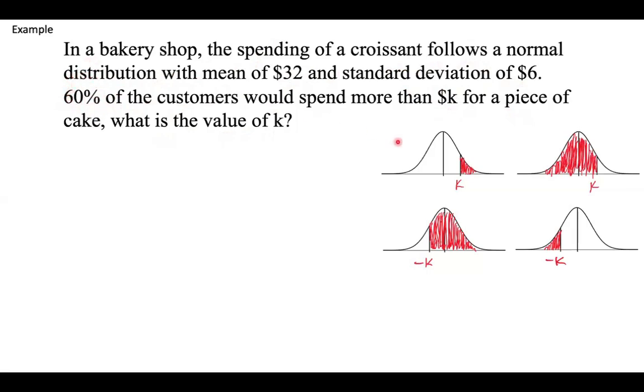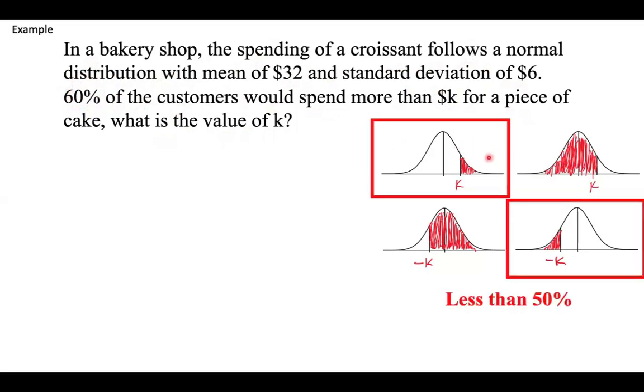We can start by producing these 4 different scenarios. The first scenario is that we have K, one on the positive side and one at the negative side, and both are less than 50%. How do I know it is less than 50%? Because remember, the whole area is 100, half is 50. So if I shade in less than half, then that must be less than 50%.